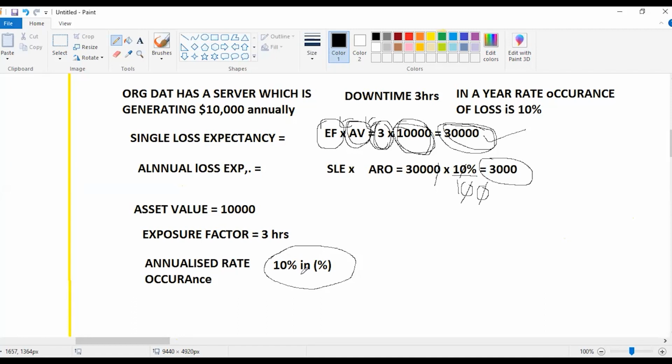You calculate how many times your server faced the downtime. Let's just say three times, thrice, and the thrice comes in this 10%. So you multiply this 10% with the SLE.